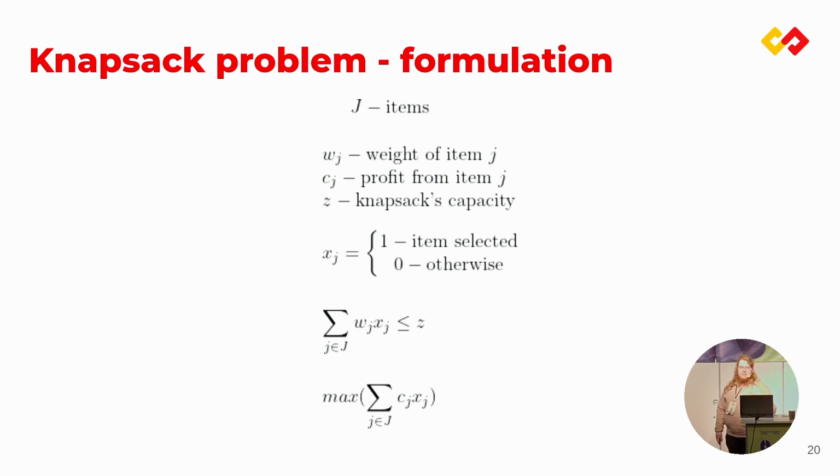The second one, C, is the profit for each item, and the last parameter is the knapsack capacity. The only decision variables will be defining if the item is selected or not, and we want to make sure that our weight of selected items won't exceed the backpack capacity.